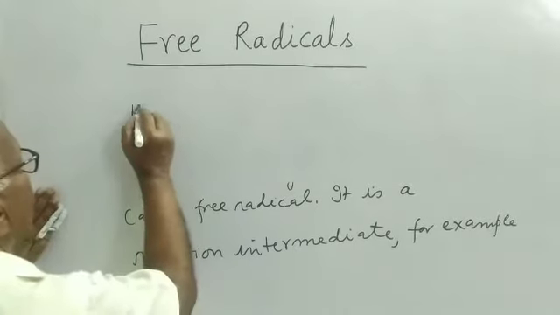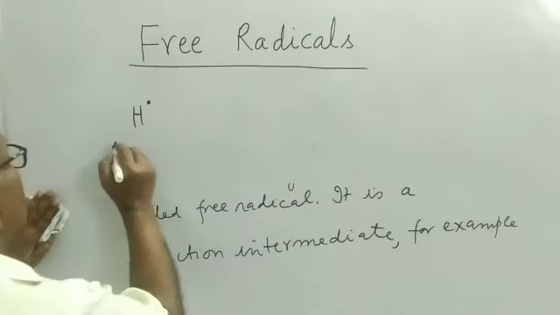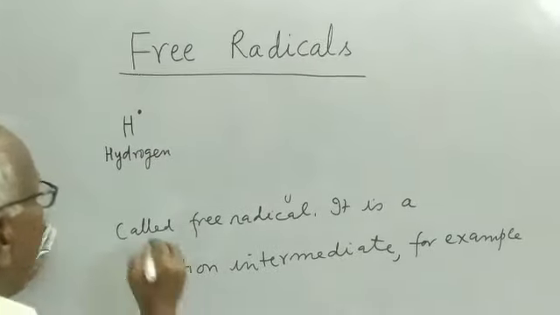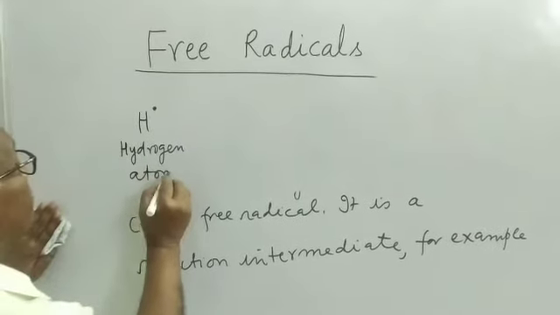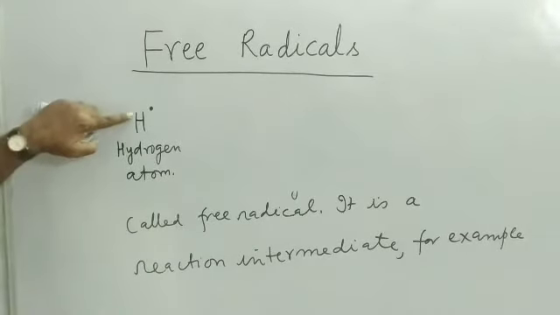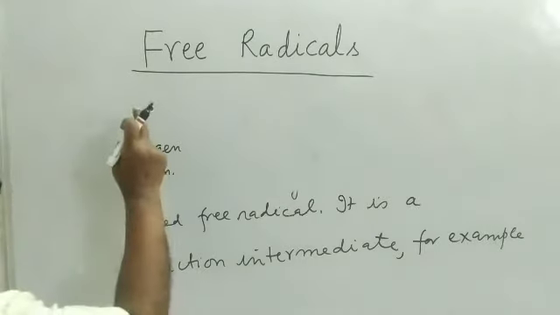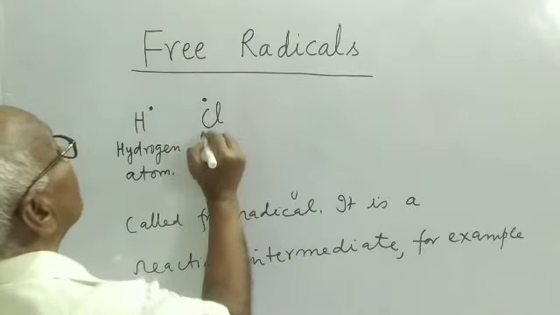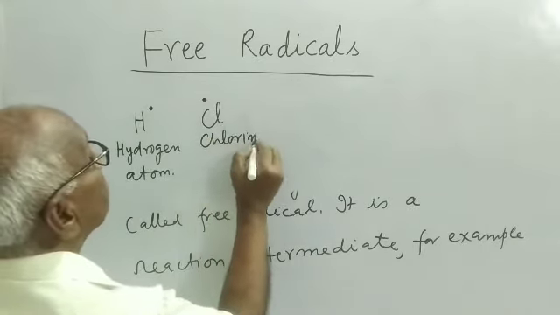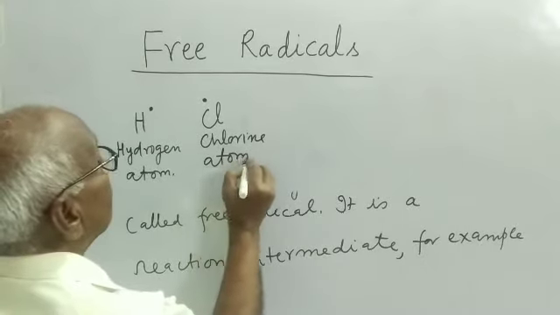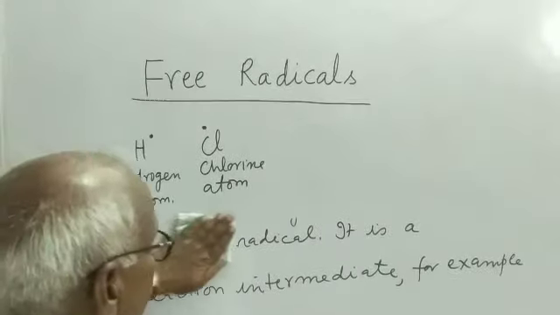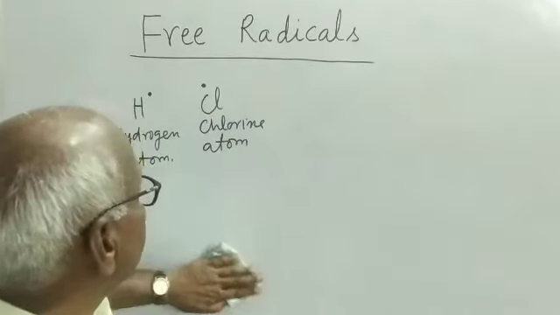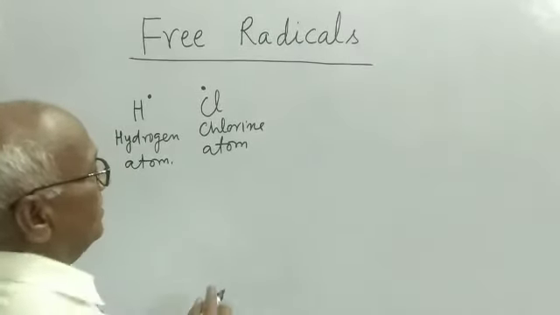Say H, this is hydrogen free radical, or better to write hydrogen atom, because it carries only one electron in its outermost shell. This is chlorine atom. You already know that chlorine in atomic form carries 7 electrons in its valence shell. So it is chlorine atom or chlorine free radical.